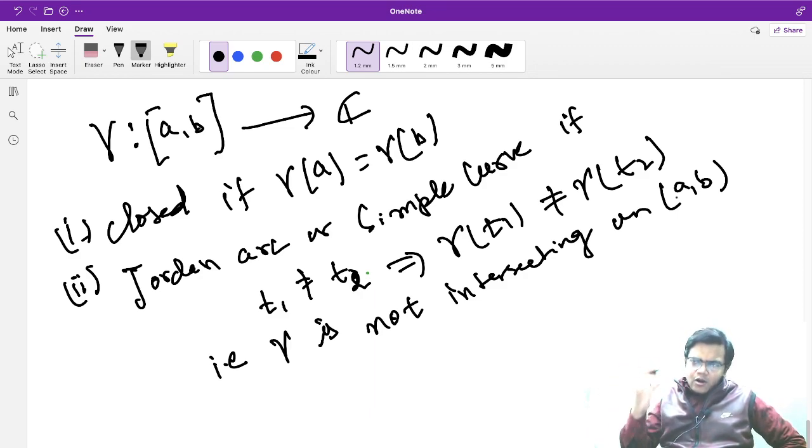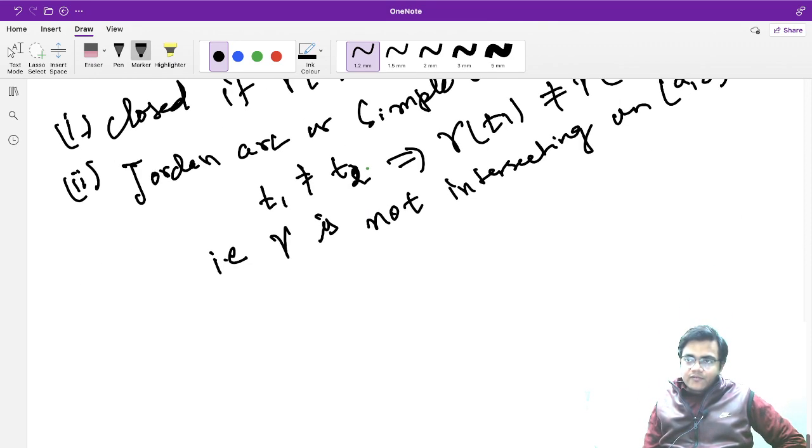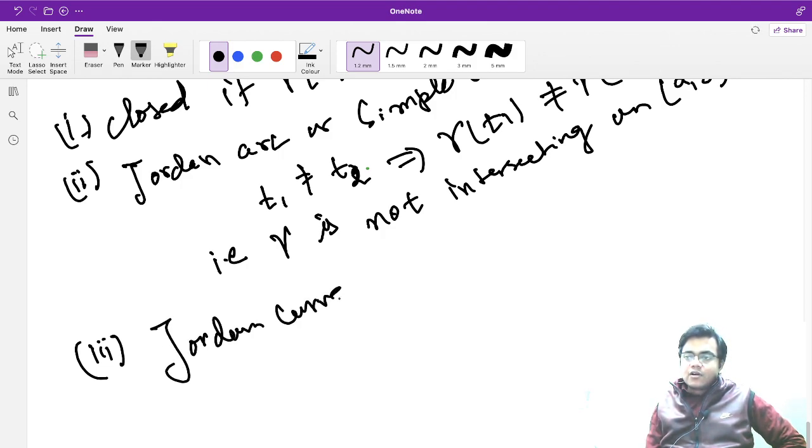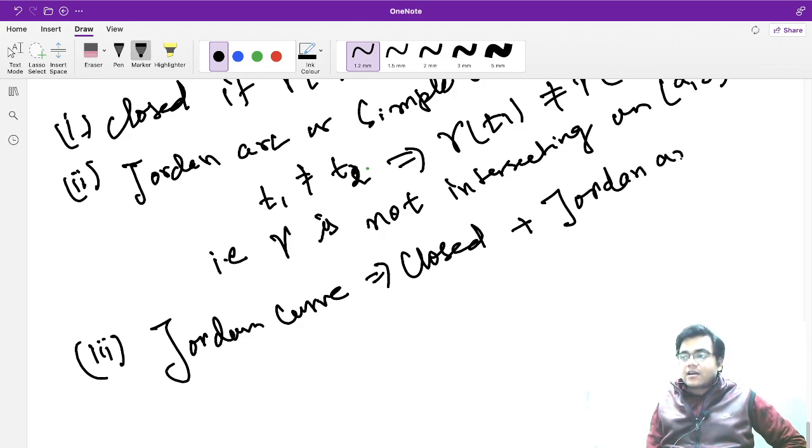With a lot of examples I am going to illustrate all these things, don't worry. And when shall you say your curve is a Jordan curve? When it is a closed curve as well as a Jordan arc.